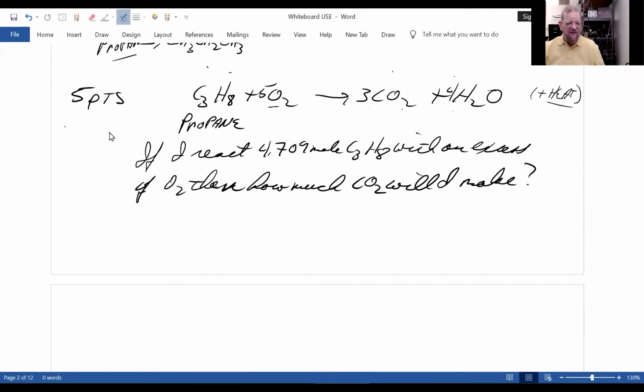If I react 4.709 moles of propane, C3H8, with an excess of oxygen, then how much carbon dioxide will I make?